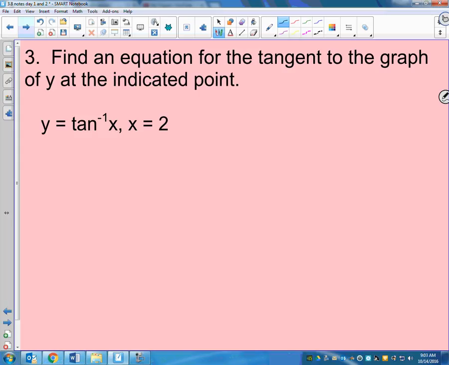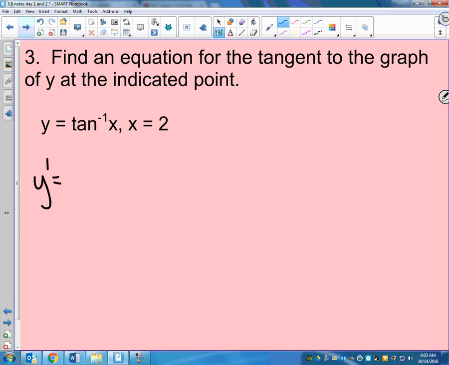Right there. Sabrina, what's the derivative? But that's the derivative of tangent. This is inverse tangent. It's u prime over 1 plus u squared. Well, it is, but what's u in this?